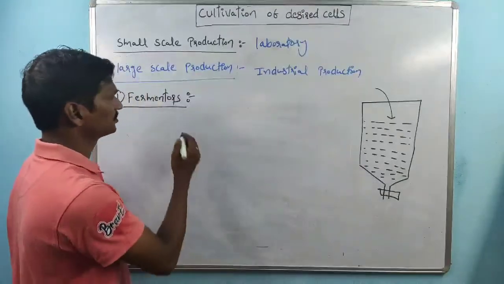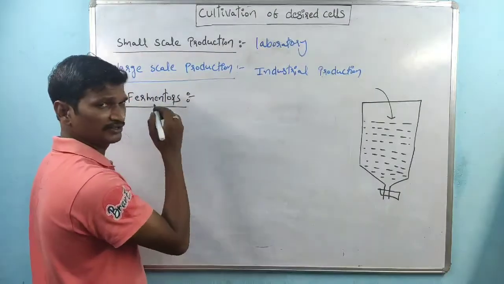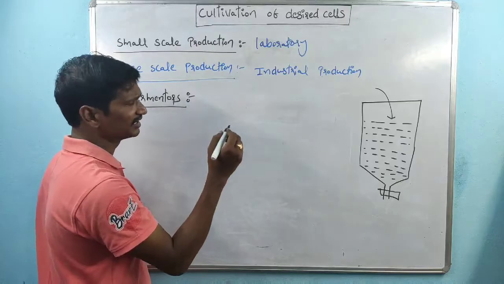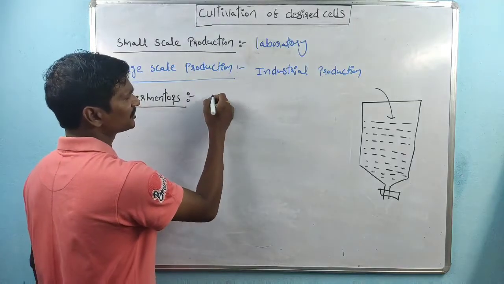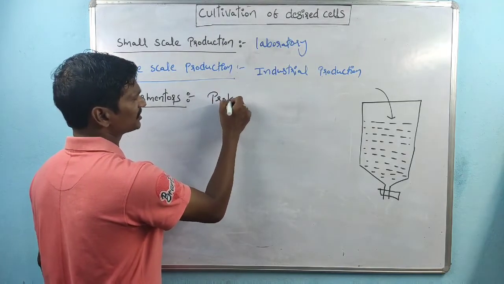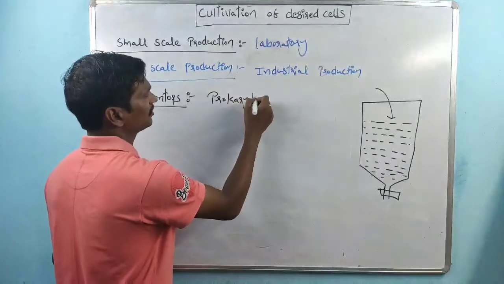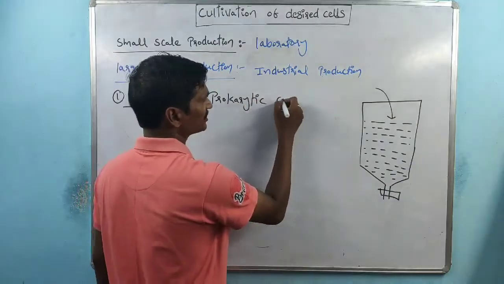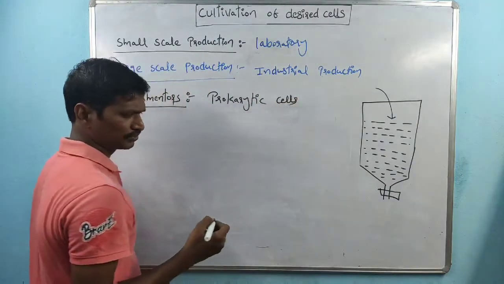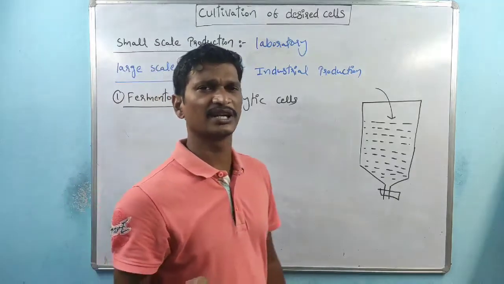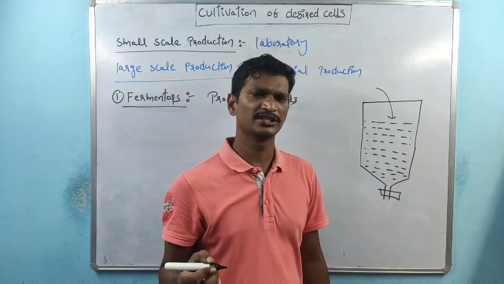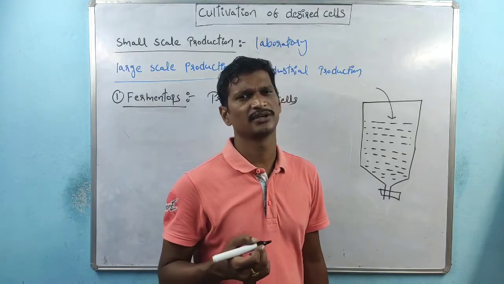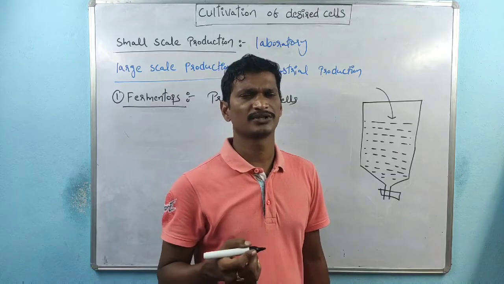Fermenters are specially meant for the cultivation of prokaryotic cells. Within the fermenters, we are only cultivating prokaryotic cells. So the devices which are used for the cultivation of prokaryotic cells are called fermenters. We know about alcohol production, right?